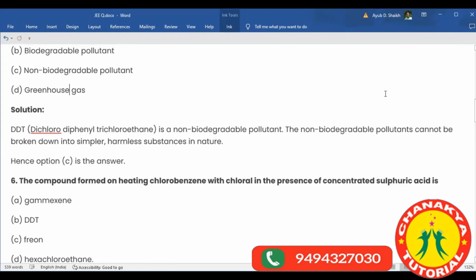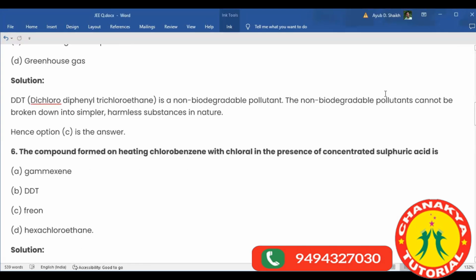The compound formed on heating chlorobenzene with chloral in presence of concentrated sulfuric acid is. Compound formed on heating chlorobenzene. See, you have to heat chlorobenzene with chloral in the presence of concentrated sulfuric acid, H2SO4.